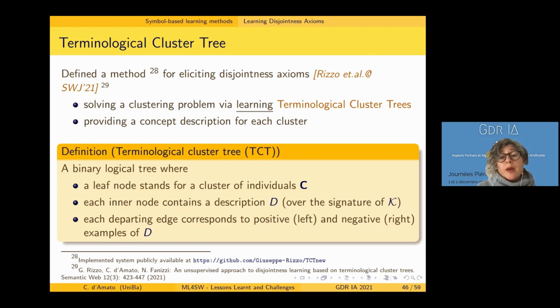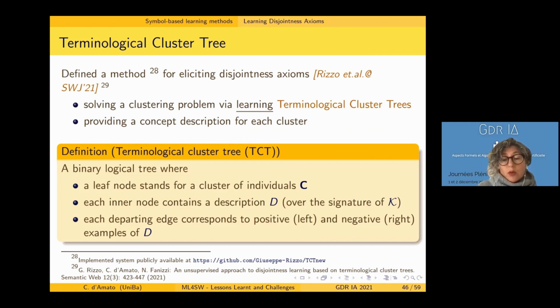Given an inner node, each departing edge on the left-hand side represents positive examples for the concept description, whilst the examples following the right-hand side departing edge represent negative examples for the concept description in the inner node.